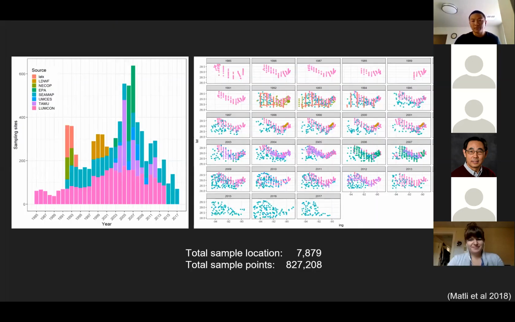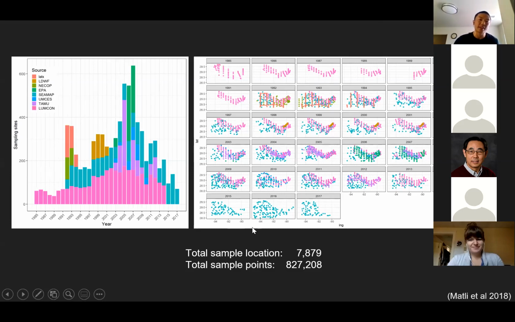On one hand, we have tons of data. As you can see, a bunch of agencies are collecting water samples in the Gulf. They also cover a long time period, and the spatial coverage is pretty good.